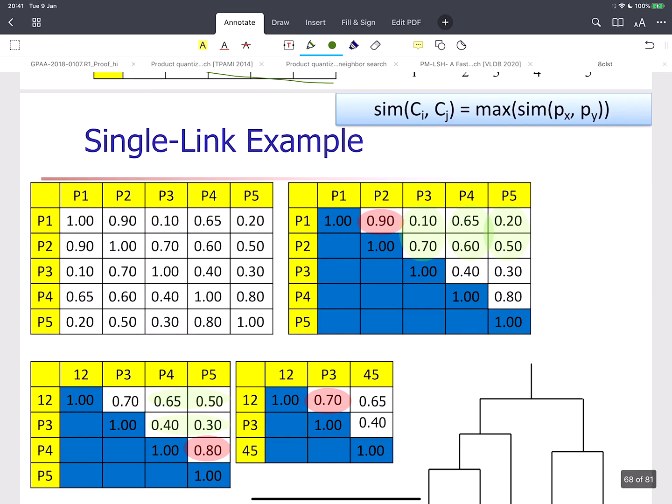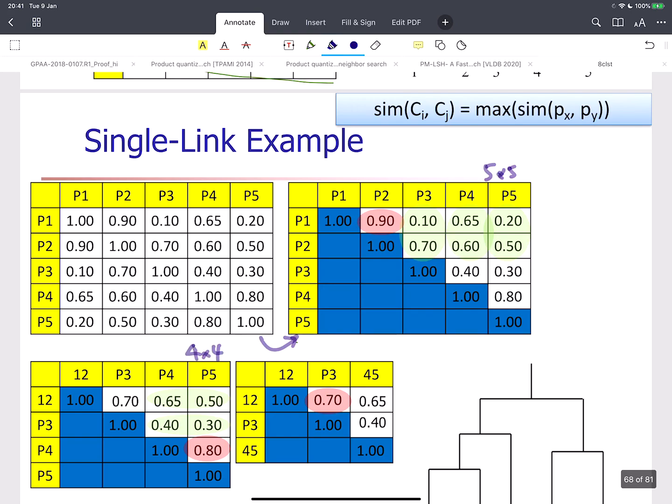Given this matrix, you can easily obtain this matrix, and we just remove all the parts which are not important. This is a 5 by 5 matrix, and what we are going to do is reduce it to 4 by 4.